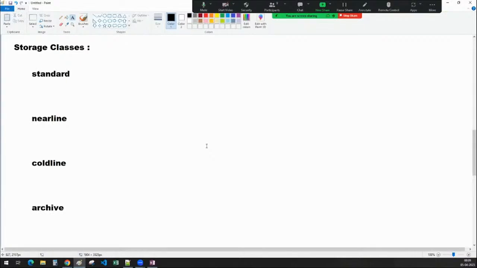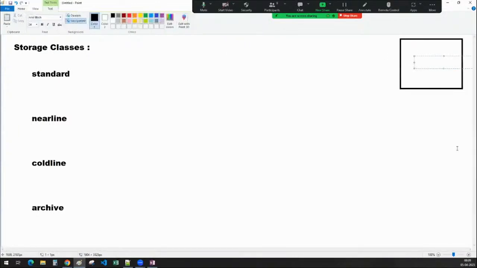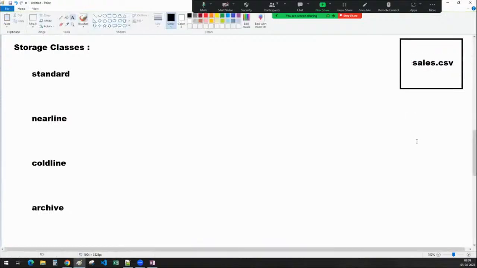But let me tell you, sir, I have a requirement that I am uploading one file to one of my buckets, and that file I want to access frequently. You have created one bucket, and inside that bucket you are uploading some file called sales.csv. This file you want to access frequently.